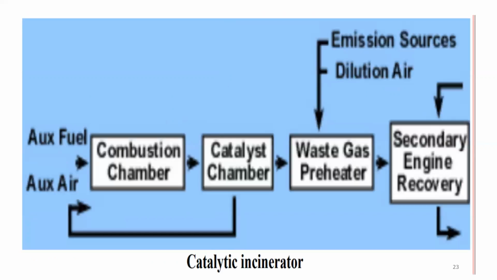This is another incinerator that is called a catalytic incinerator. So this is the incinerator or combustion process where we are using a catalyst. So we know what exactly a catalyst is. To increase the rate of a chemical reaction, we normally use a catalyst. There may be a positive catalyst and a negative catalyst, but in this case we are using the positive catalyst, meaning to increase the rate of chemical reaction.